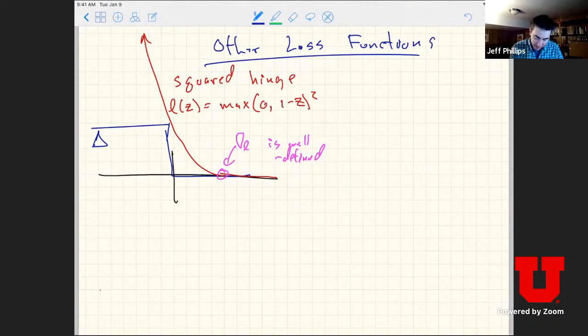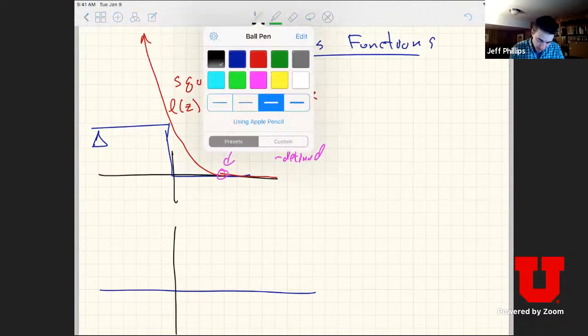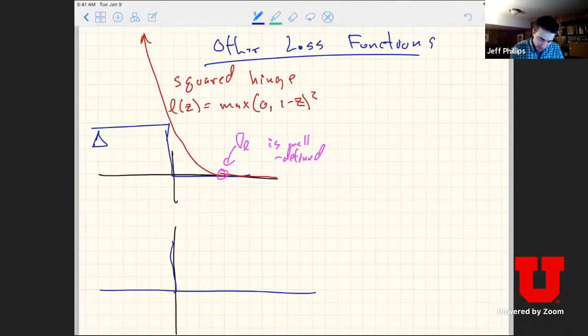There's something in between, where if I put my delta function here, this is going to be called the smooth hinge. It's going to look fairly similar to here.